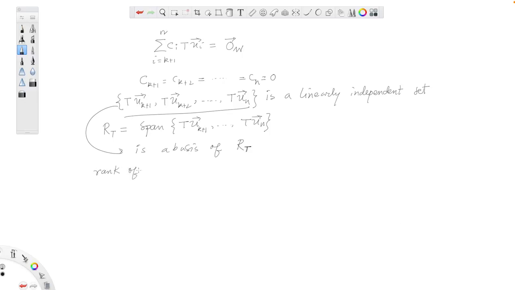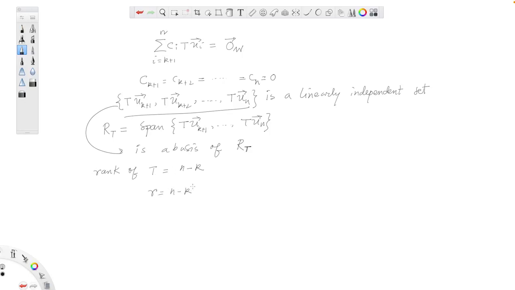Okay, so which means that the rank of the map T is equal to how many vectors are there in this set? n minus k, right? So we denote the rank by r.